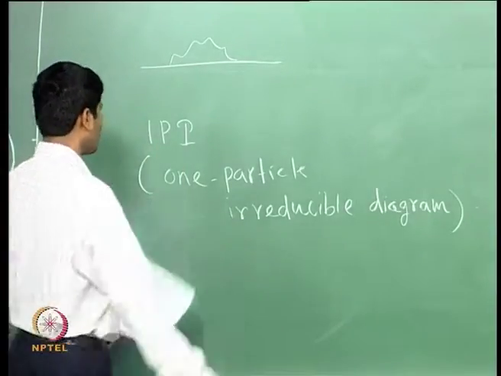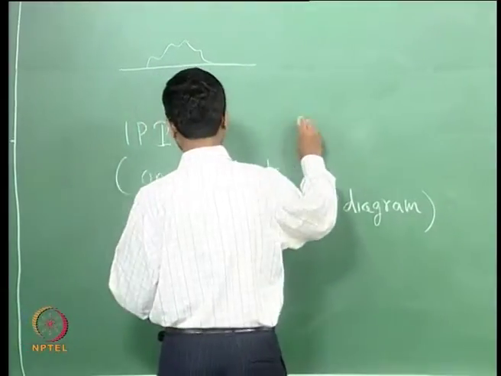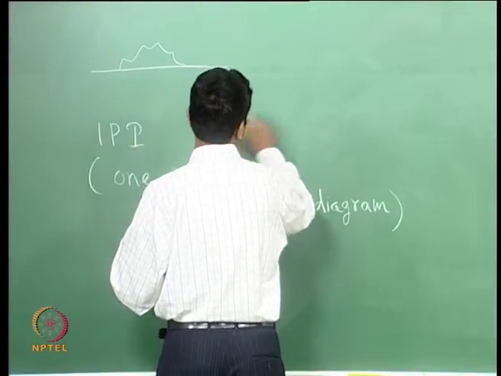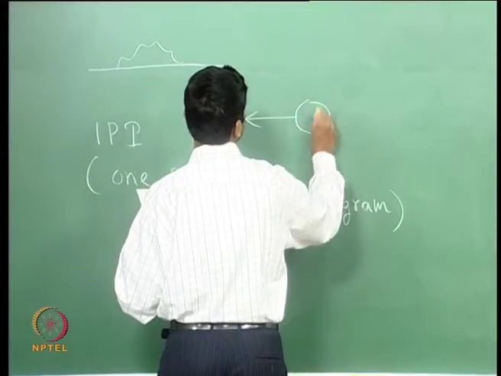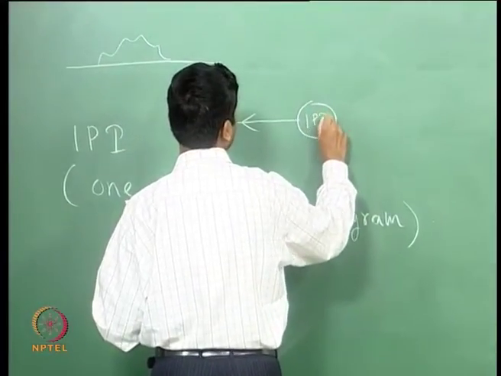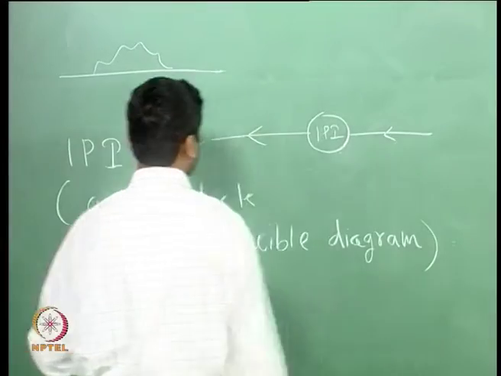To all orders, I will denote these one particle irreducible diagrams by this simple symbol; I will write 1 pi for one particle irreducible.